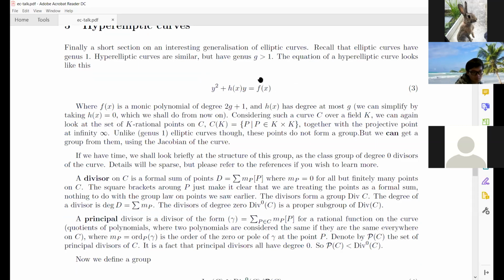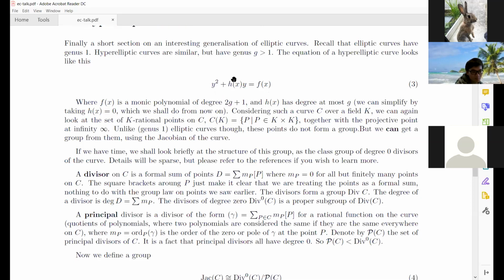If this function of x was a cubic, then you'd get an elliptic curve, because genus 1 gives you degree 3. But if this polynomial has degree 5, then you get a genus 2 hyperelliptic curve, not just an elliptic curve. We'll assume h(x) equals 0 here for simplicity. In general, this can actually be 2g plus 2 as well, I think, but we'll stick with the simpler case.